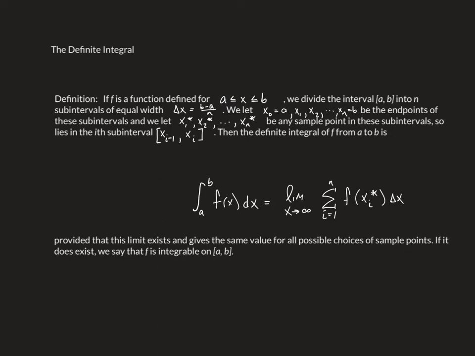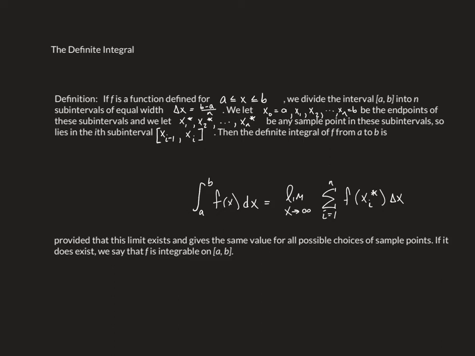If this is all the case, then the definite integral of f from a to b is defined like this. So this is our definite integral, and this is the Riemann sum notation that we've been using until now. So this new notation means exactly this.